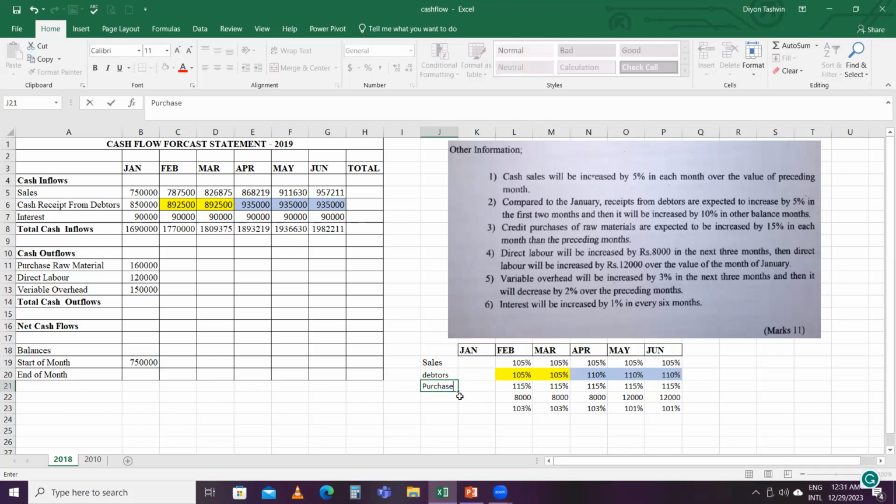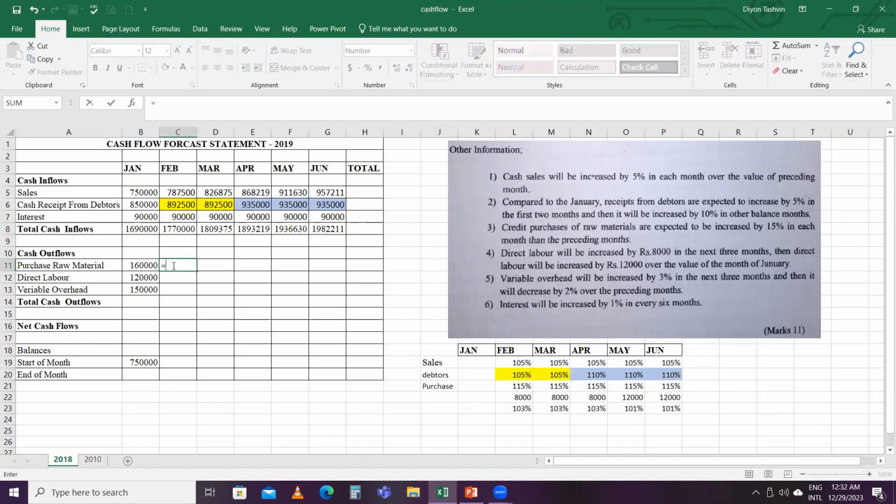Credit purchase of raw materials are expected to increase by 15% in each month than the preceding month. So this credit purchase should increase 15% over the preceding month.